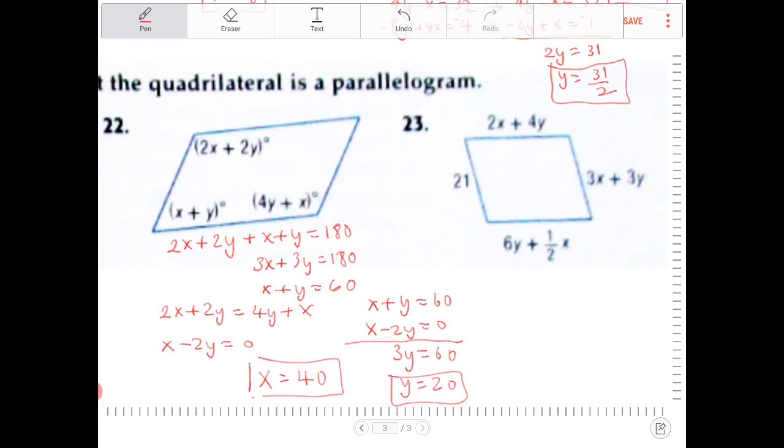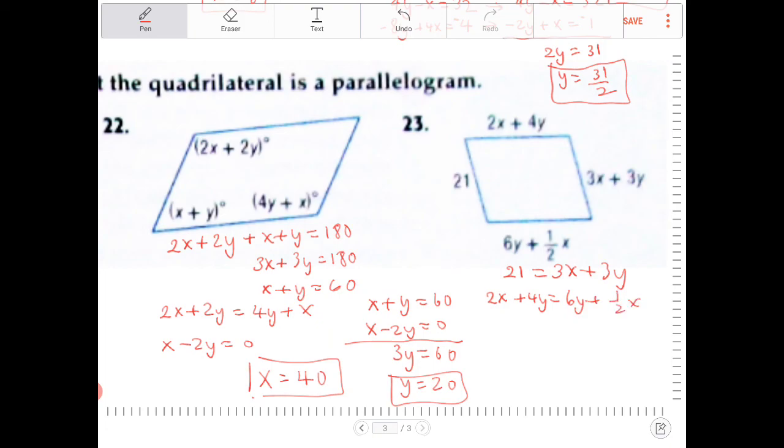And the last problem, here we go. All right, so we know that 21 and 3x plus 3y are supposed to be the same. 21 is equal to 3x plus 3y. And the other one is 2x plus 4y is equal to 6y plus 1 half x.